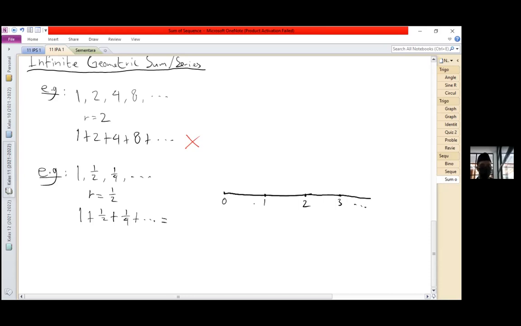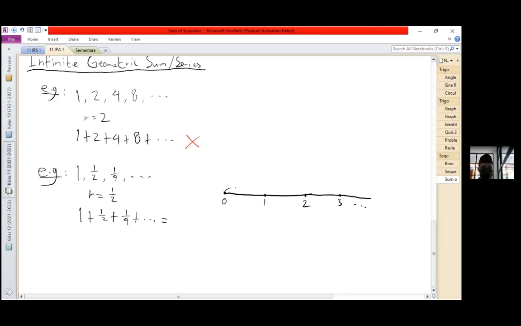To find the sum, let's first use this to help us. So first we have 1. We start from 0, and then we have 1.